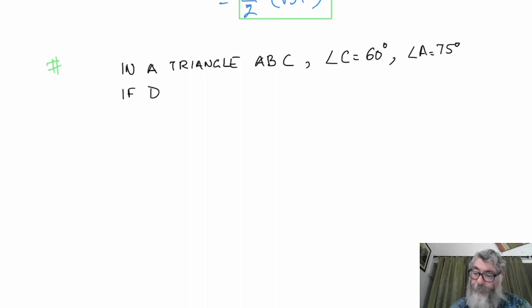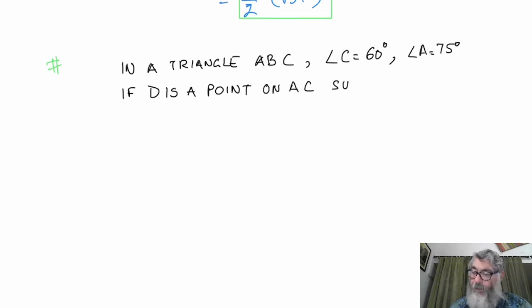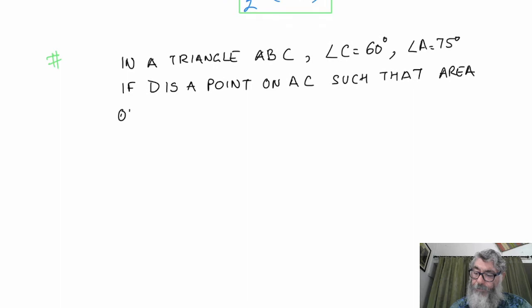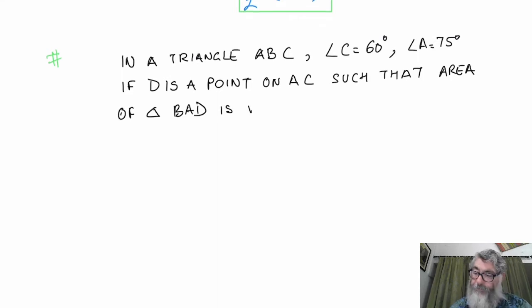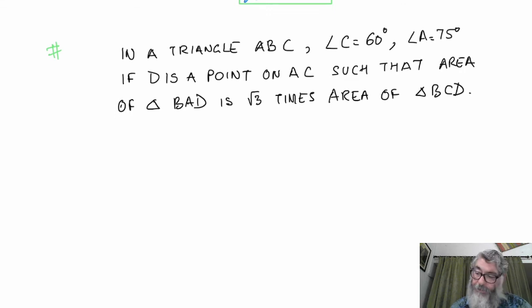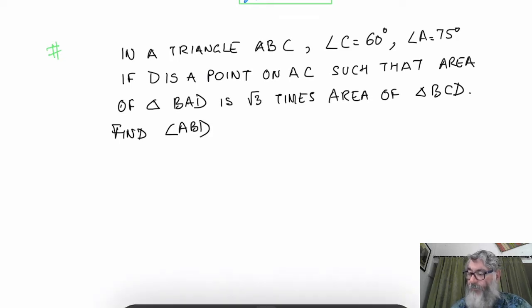If D is a point on AC such that the area of triangle BAD is root 3 times the area of triangle BCD, find angle ABD.